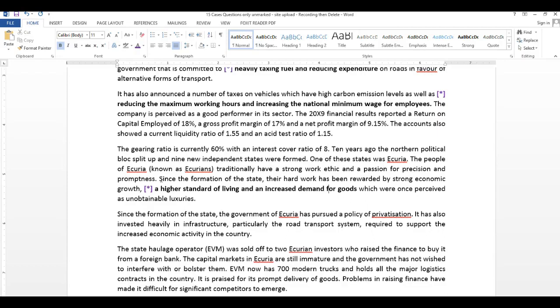Any increased demand for goods usually reflects increased transportation also. Our company Swift is in the transportation sector itself. So first they are just telling about that country.